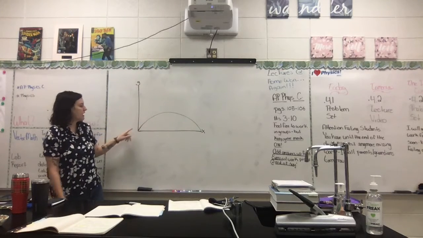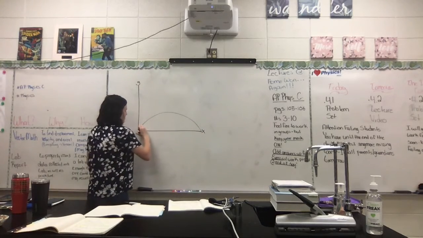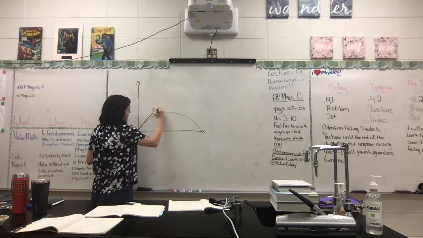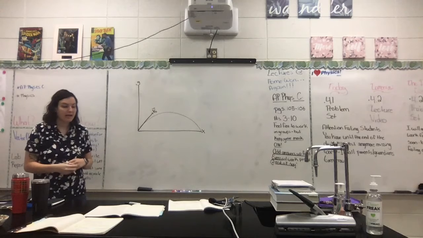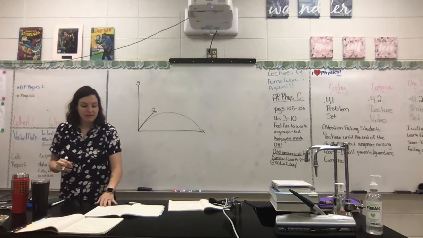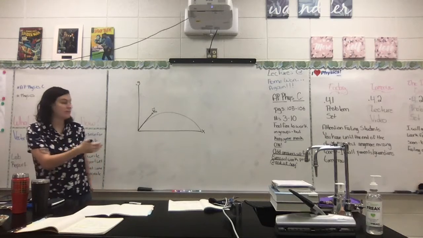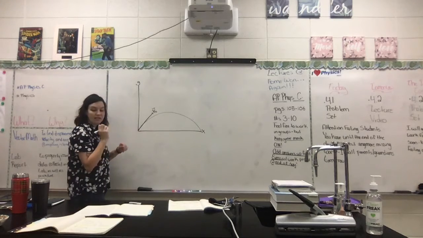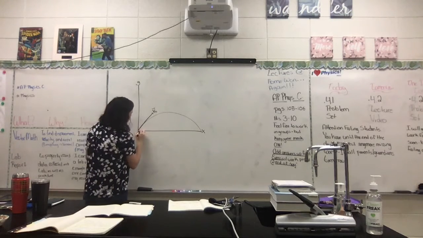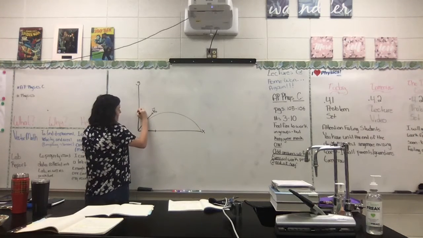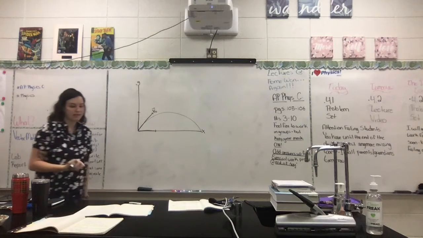This would be our object, and we would throw it with some v0, some initial velocity. And that v0 would be broken up into components, like we've talked about previously with component vectors. There is going to be an x component of velocity and a y component of velocity.